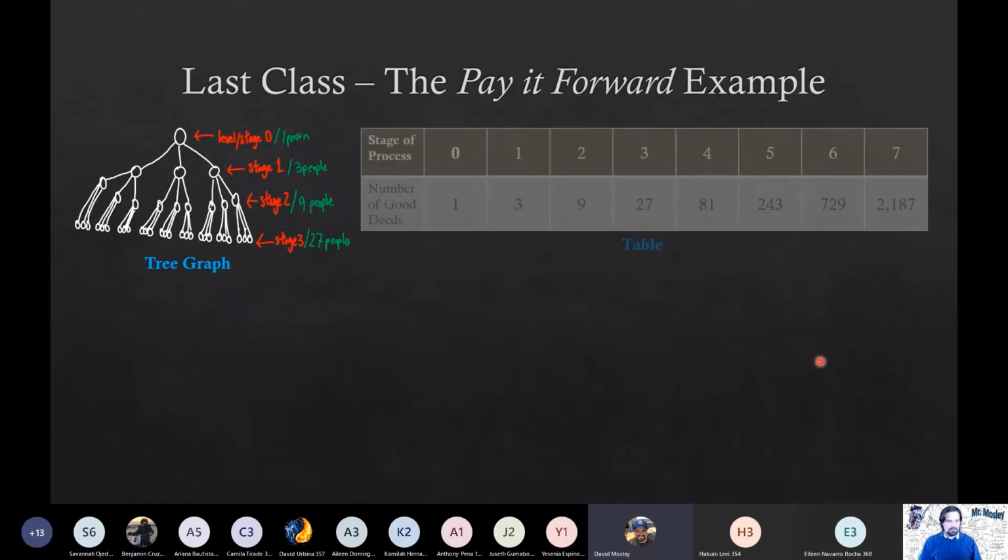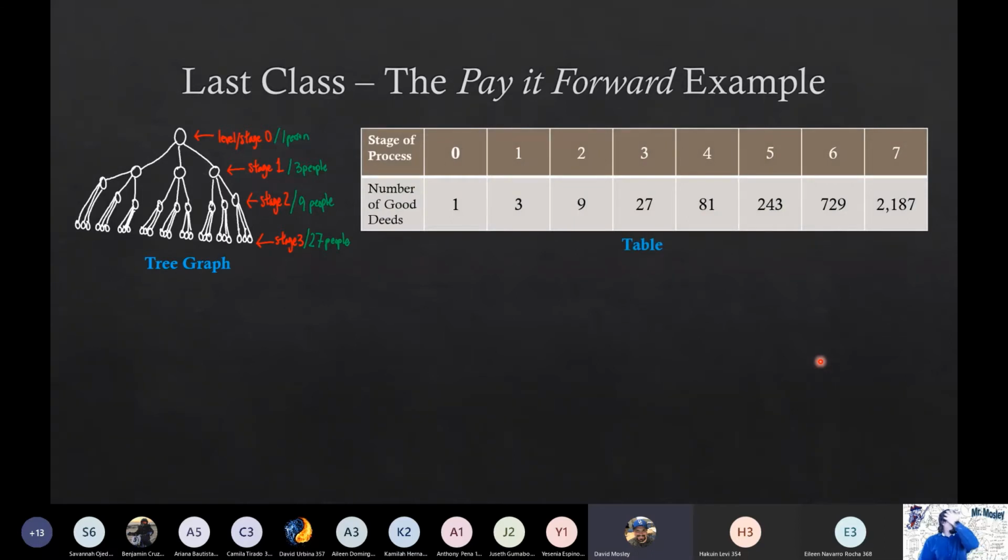We looked at the table in which you guys calculated the remaining values after the second stage here. We had 27, 81, 243, 729, 2,187. And we determined that we were able to calculate the next number of good deeds by multiplying whatever number we already had by 3 to get to the next one. 1 times 3 is 3, 3 times 3 is 9, 9 times 3 is 27, 27 times 3 is 81, and so on.